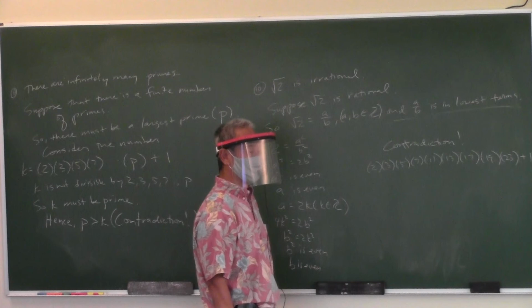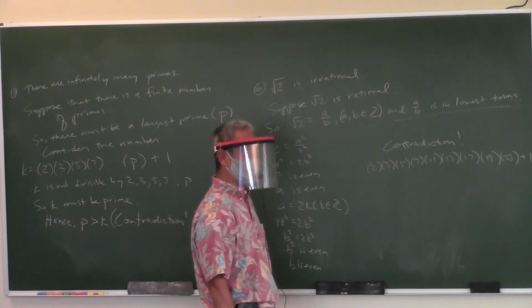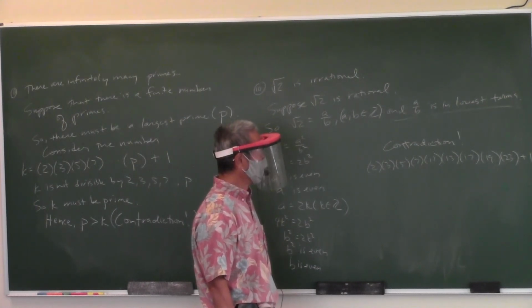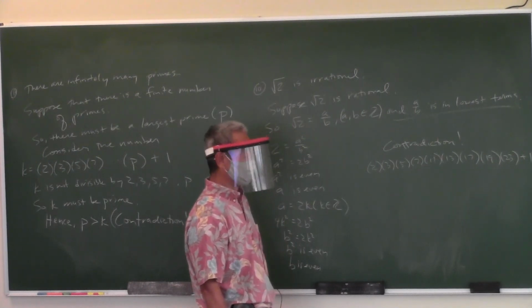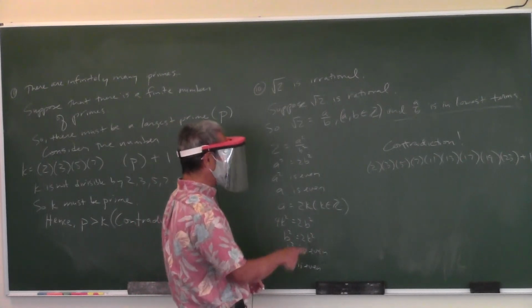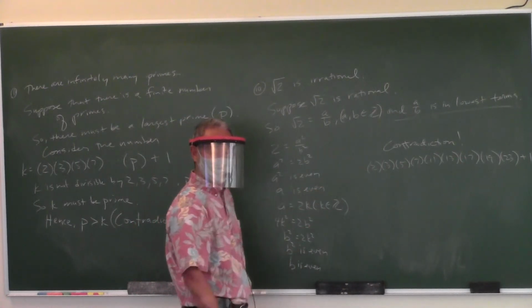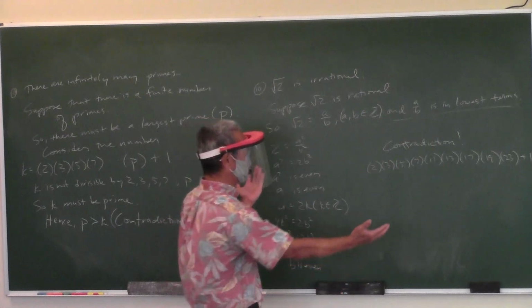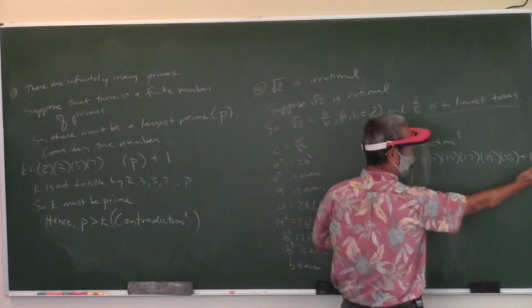You have to include every single one of them, right? You can't just take out 13. So this number here would be prime then, right? Yeah, because if you divide it by any of these prime numbers, you're going to get one left over.